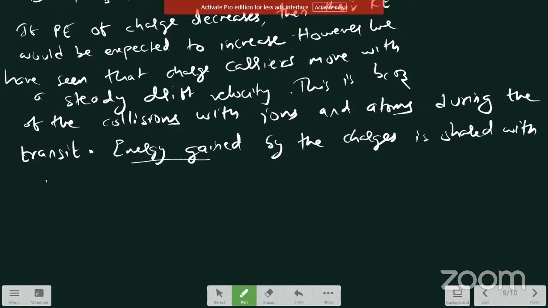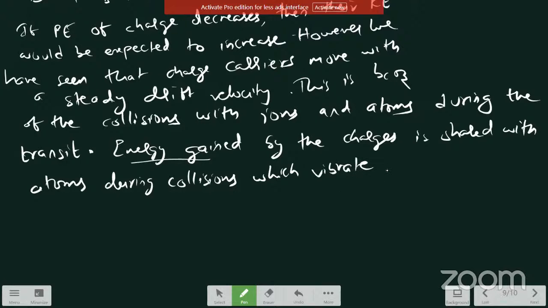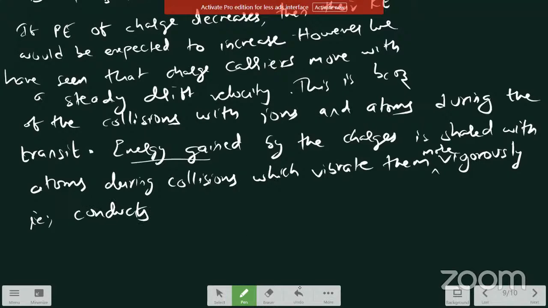Energy gained by the charges is shared with atoms during collisions, which vibrate them more vigorously. That is, the conductor heats up.